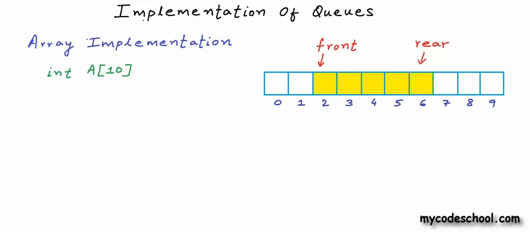So if at any stage a segment of the array from an index marked as front till an index marked as rear is my queue, and the rest of the positions in the array are free space that can be used to expand the queue, to insert an element, to enqueue, we can increment rear.